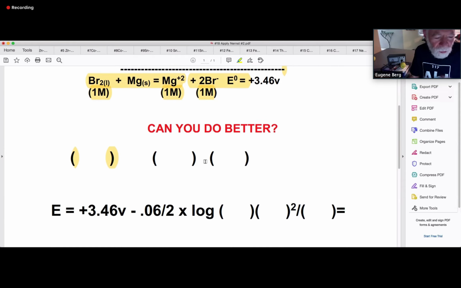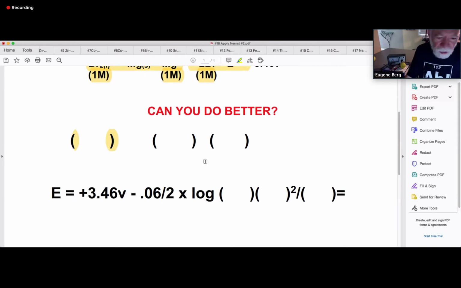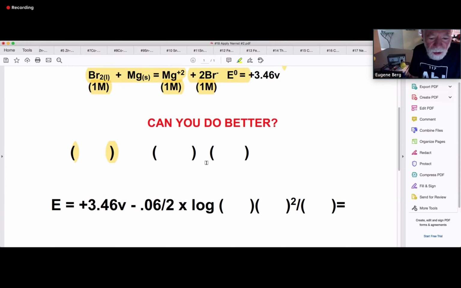Here's the Nernst equation below. Okay, so I'm going to try to put these numbers in, and please would you check on your calculator. The first thing I always like to do is the log term first. Okay, so it's products over reactants. So you told me that the magnesium was going to be 0.1 molar.